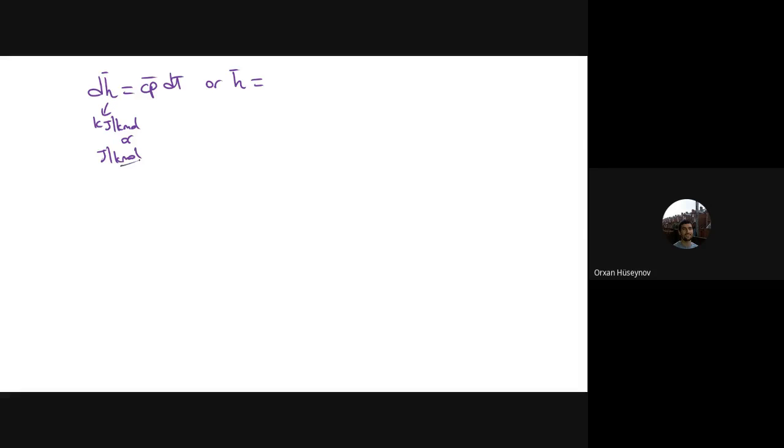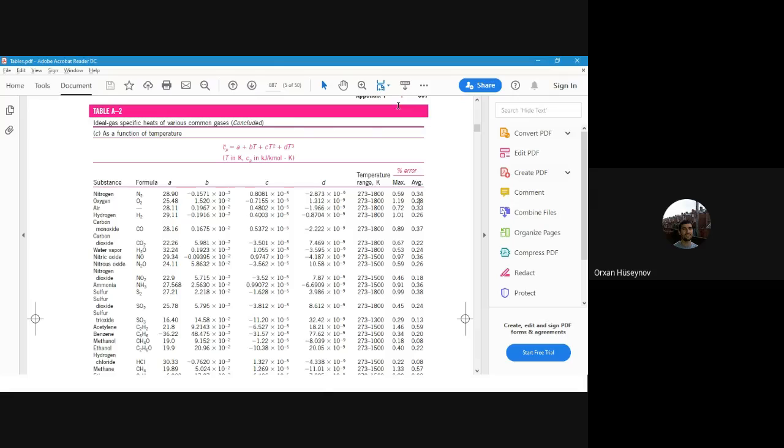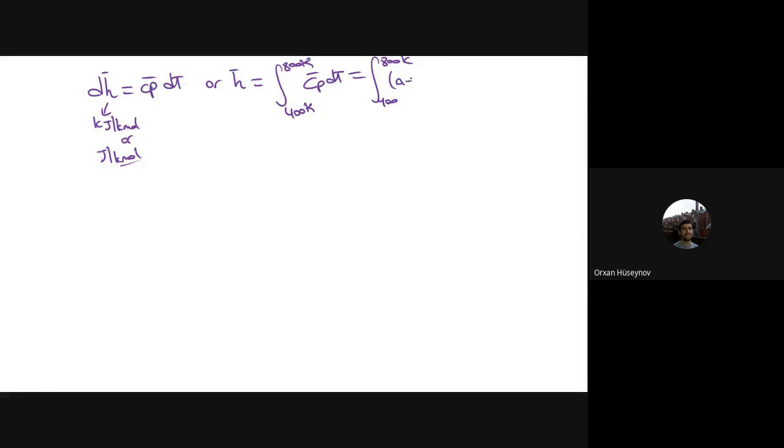It doesn't matter, it's per mole unit. You will integrate from 400 Kelvin to 800 Kelvin. Okay. And Cp dT. And instead of Cp, you will write A plus BT plus CT squared plus DT to the power of 3, and dT. Okay.